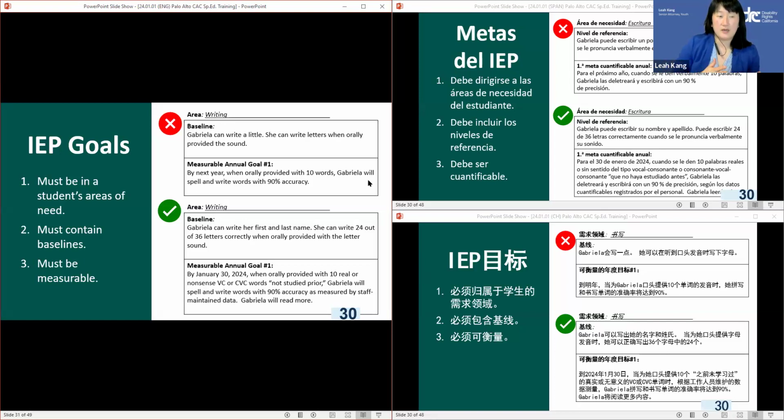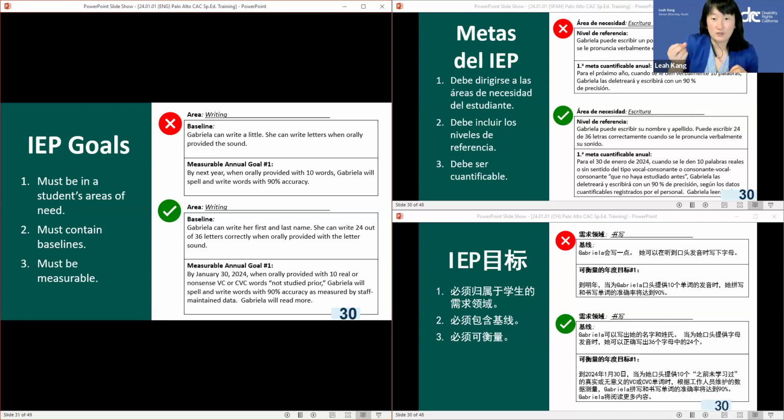These are going to be consonant vowel consonant or vowel consonant words that she hasn't been provided before. And they can be real or nonsense according to this goal. So it sounds like we're working not necessarily on a specific vocabulary list, but helping Gabriella learn the phonics of how words are put together. So a little better, more measurable.